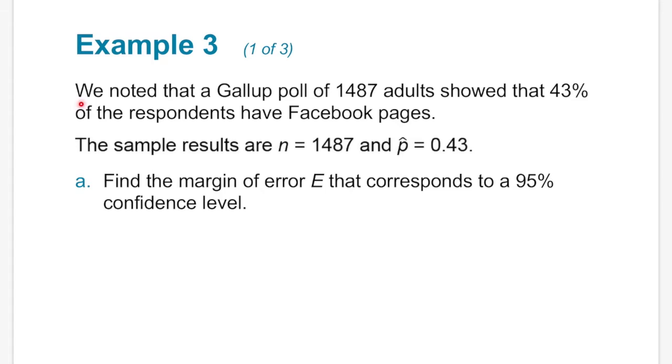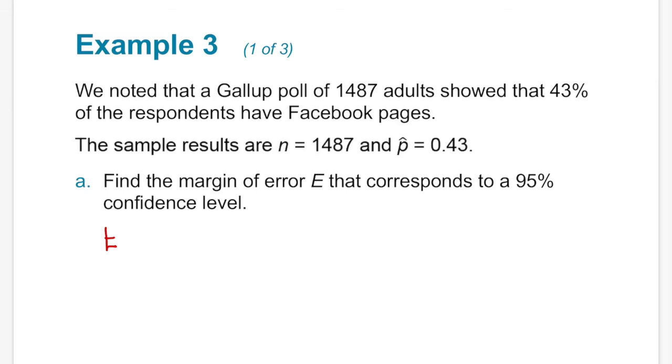Example 3. We noted that a poll of 1487 adults shows that 43% of them have Facebook pages. n is 1487 and p hat is 43%. A. Find the margin of error E that corresponds to a 95% confidence level.